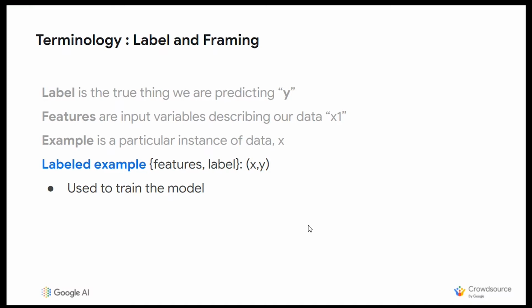Now a labeled example is that example where you're also adding the label. So when you're training a supervised machine learning model, you will always give the data along with a label. The example was what, like Amog mentioned, the number of hours the student studies as well as whether the student takes notes or not. Then a labeled example would also include the number of marks the student gets.